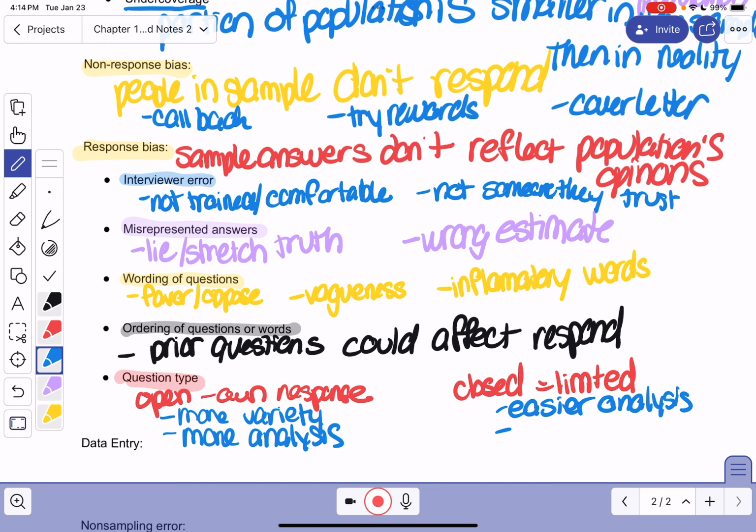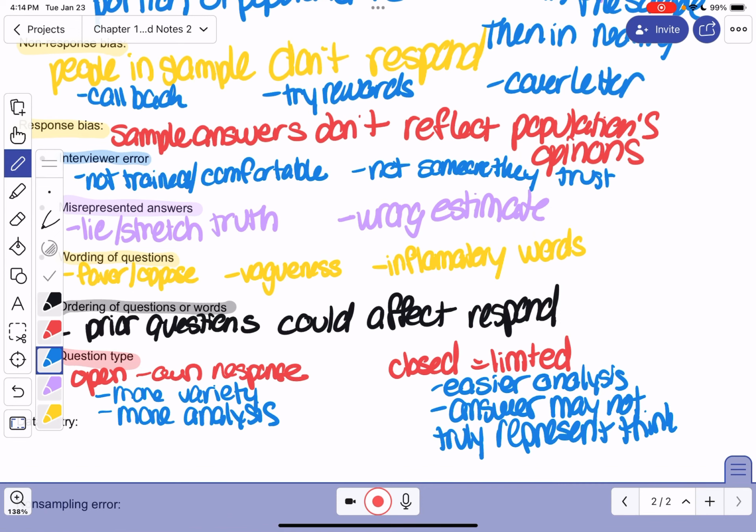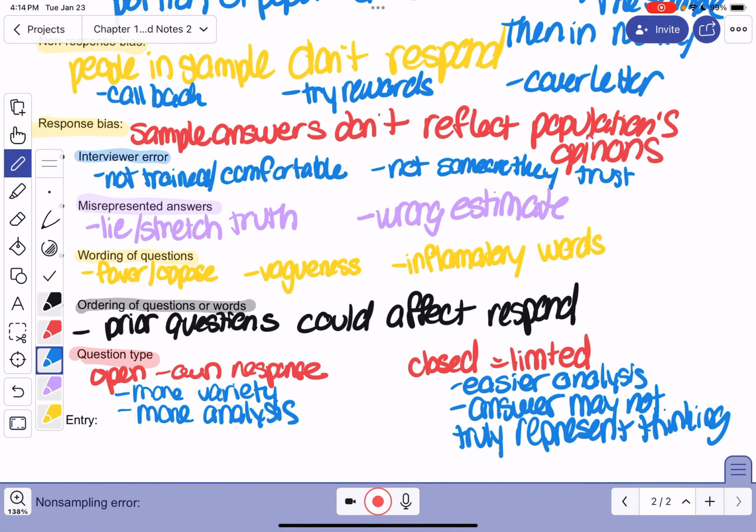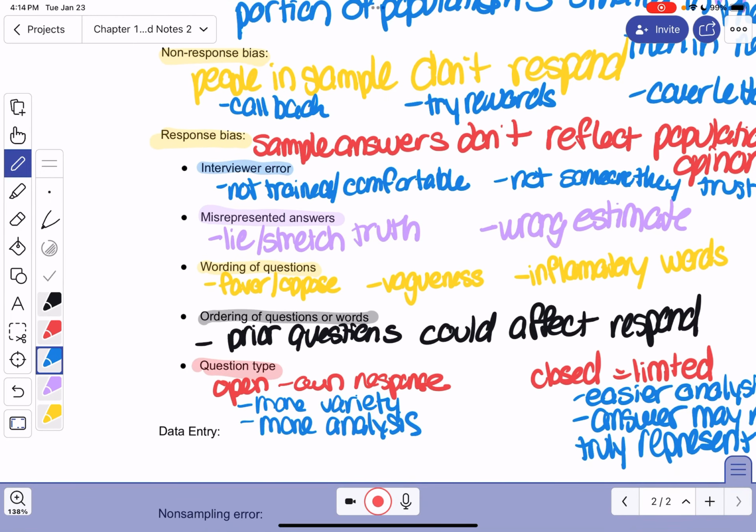But sometimes the answers may not truly represent how people think. So instead, they're picking the closest option, and that isn't necessarily accurate. So those are a bunch of different types of response bias, where the bias in your information comes from how people respond.